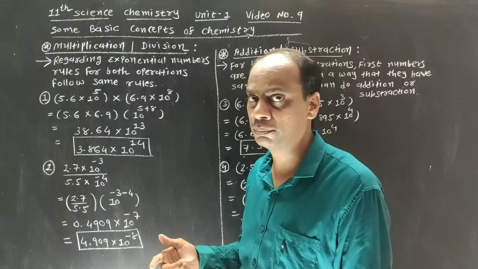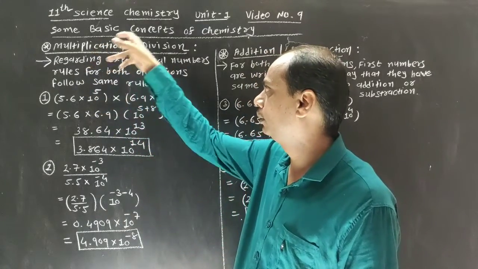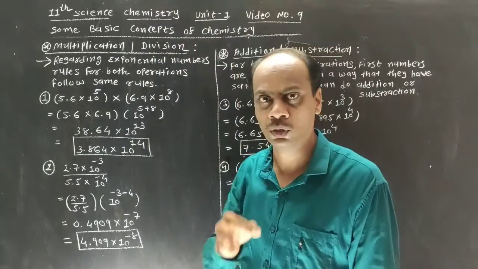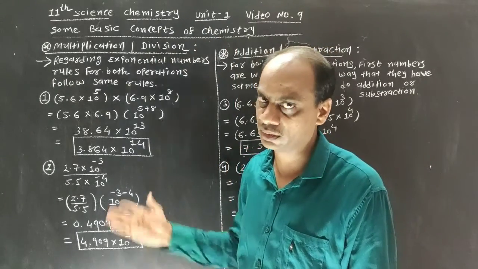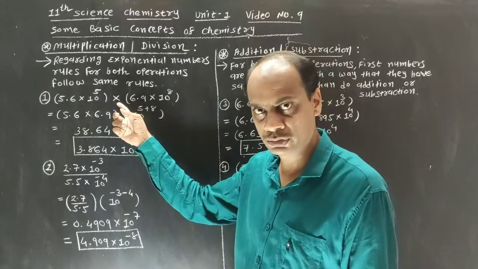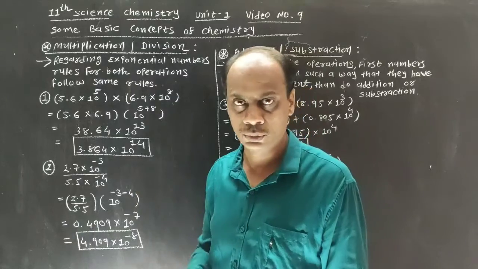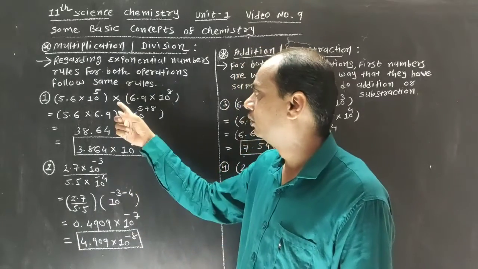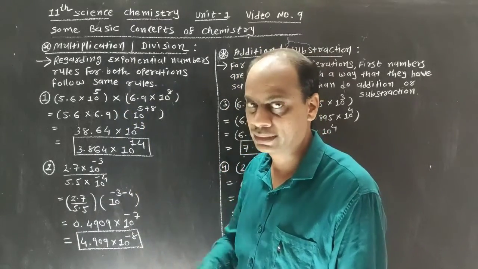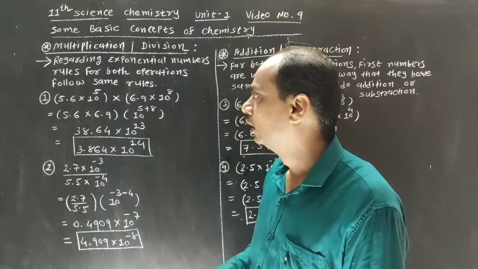Regarding exponential numbers, the rules for both operations follow the same pattern. Here we have an example. The first one is for multiplication: 5.6 into 10 raised to 5 is multiplied by a second bracket, 6.9 into 10 raised to 8.